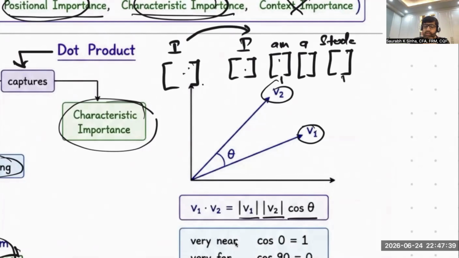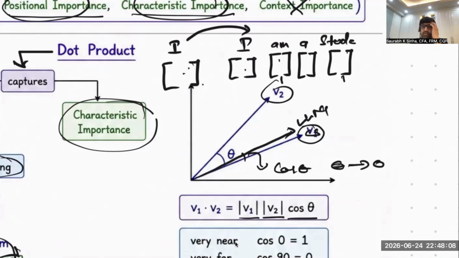If these vectors are very near, which means that they have semantic similarity, characteristic similarity, like CS and LLM, they have semantic similarity. It means that in this cos theta, the theta is very near to 0. They are very near to each other. So cos 0 will become 1.